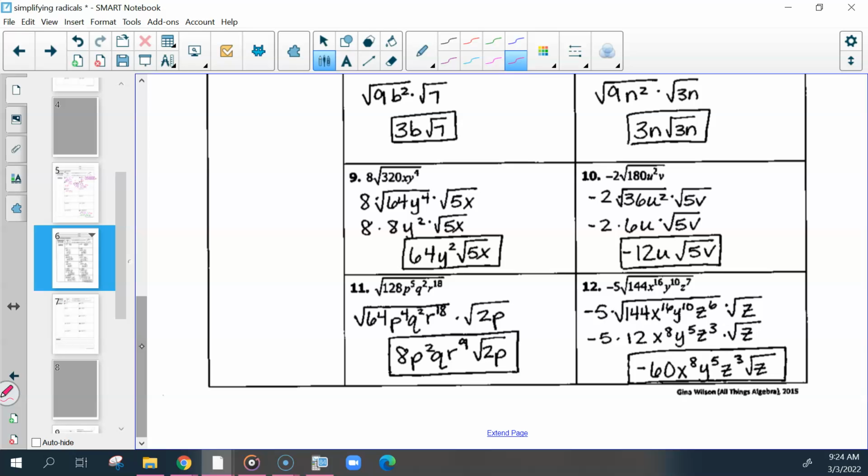Number 10. Final answer was -12u times the square root of 5v. Questions on that one? And 11, 8p squared times qr to the 9th times the square root of 2p.